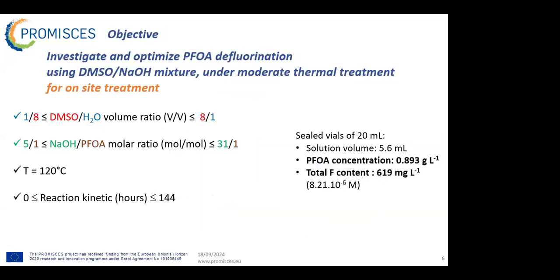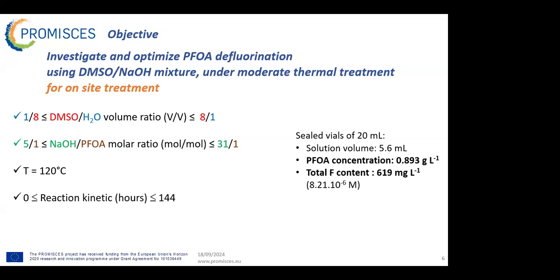But what we decided is to investigate and optimize the PFOA defluorination using the DMSO and NaOH mixture under moderate thermal treatment for on-site treatment. We decided to optimize the DMSO:H2O volume ratio in the range from 1:8 to 8:1. We also investigated the NaOH:PFOA molar ratio in the range from 5:1 to 31:1 at 120 degrees Celsius, over the range from 0 to 144 hours.